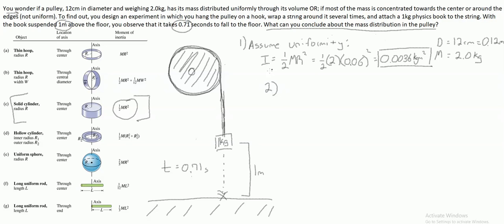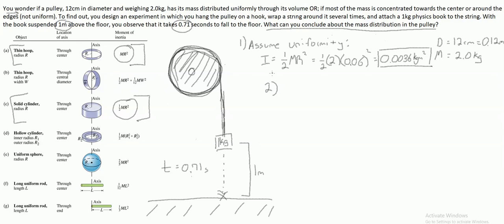If we get a greater moment of inertia, then we know that more of the mass must be concentrated toward the edges, right? That would mean that we have something more resembling a thin hoop or a ring. As you can see, the moment of inertia for a thin hoop is mr squared, whereas for a solid cylinder, it's 1/2 mr squared.